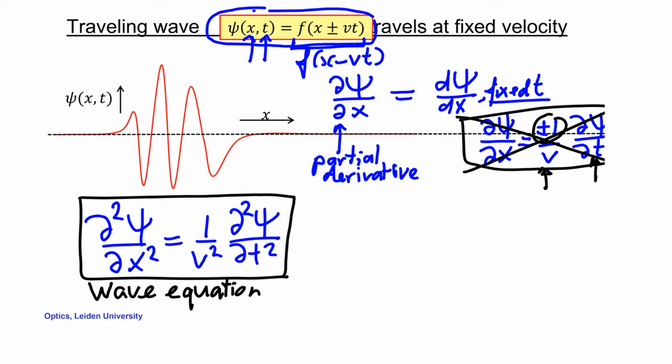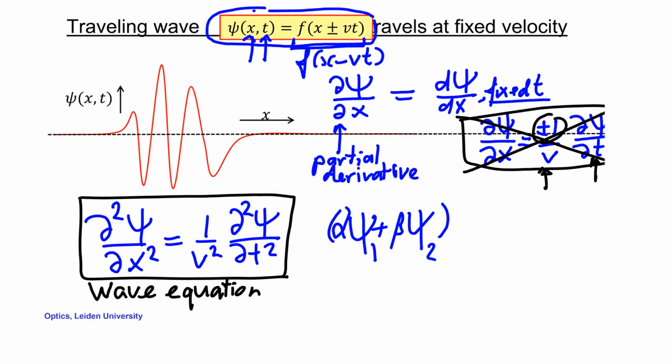Now there is one important principle that I still want to explain, the so-called superposition principle. And the idea is as follows. Suppose you have two solutions, psi1 and psi2 of this equation. Then, if you look at a linear combination of these two solutions, alpha psi1 plus beta times psi2, this is also a solution.